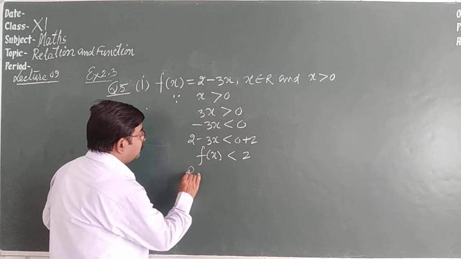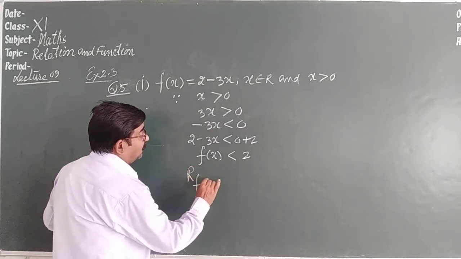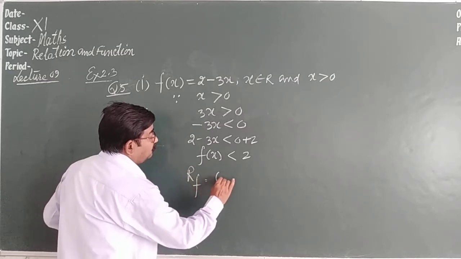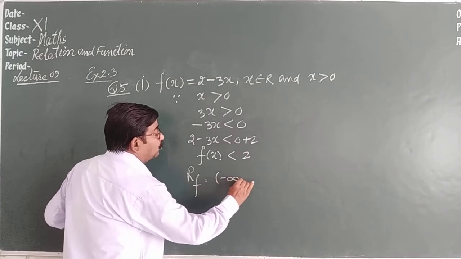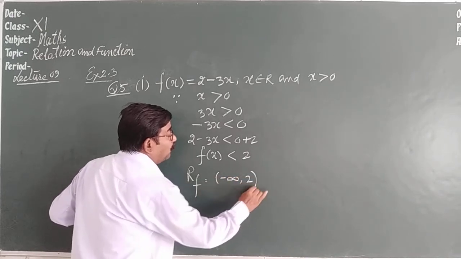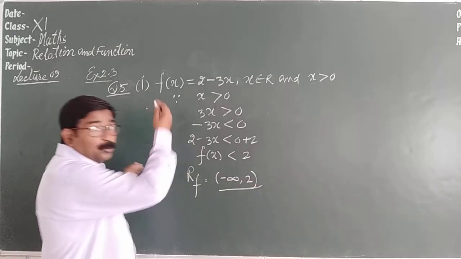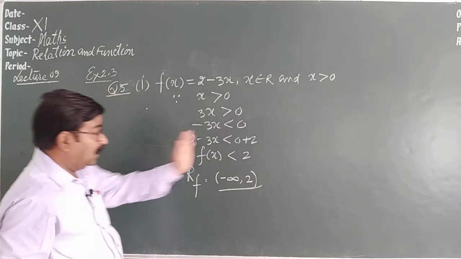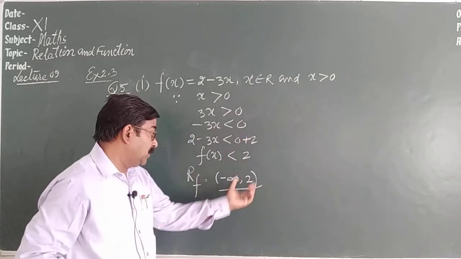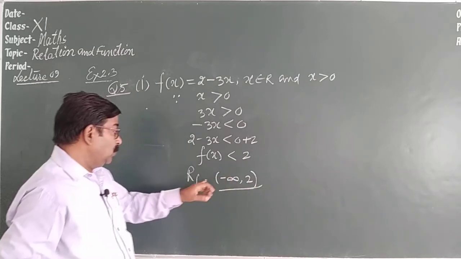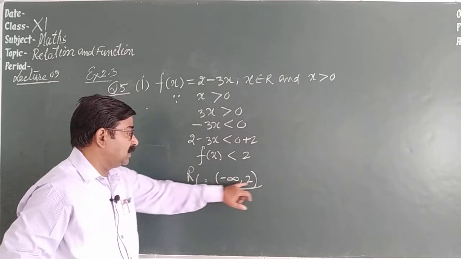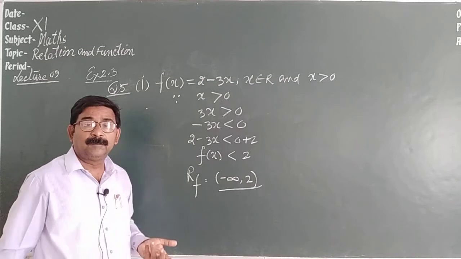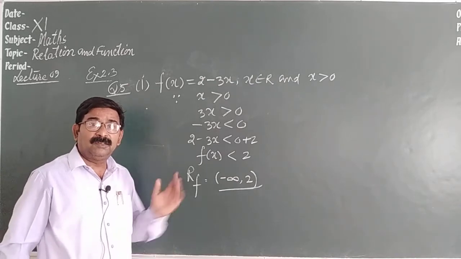So what is the range of the function? It is minus infinity to 2, all values less than 2, and 2 is not included. So the bracket is open, and the range is minus infinity to 2. Very simple to find. Got it?